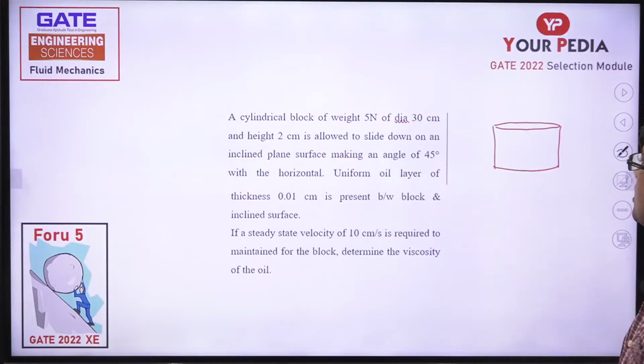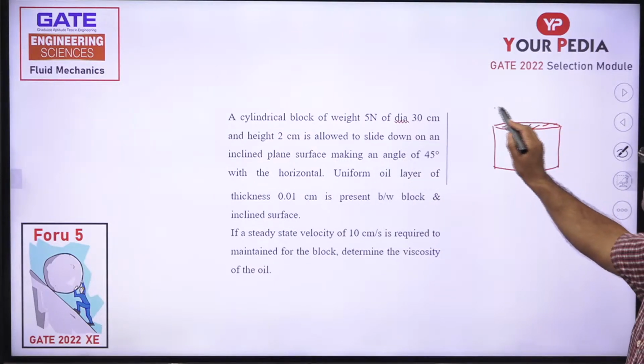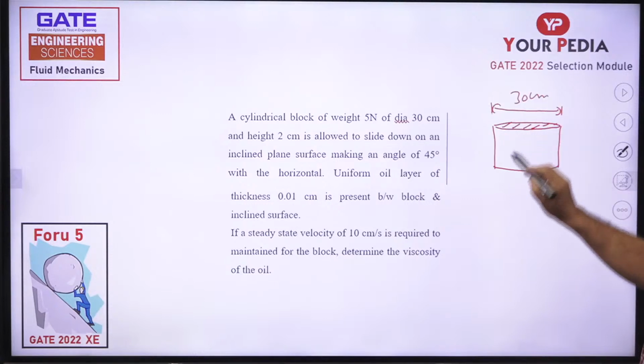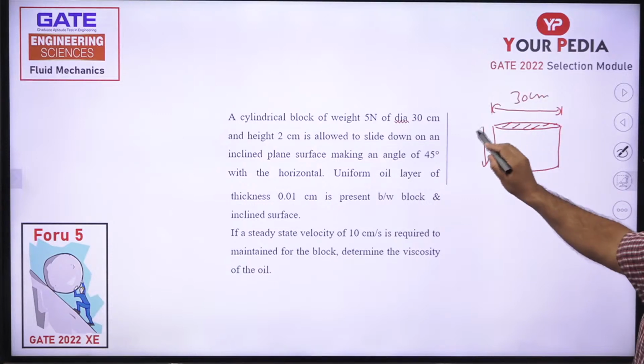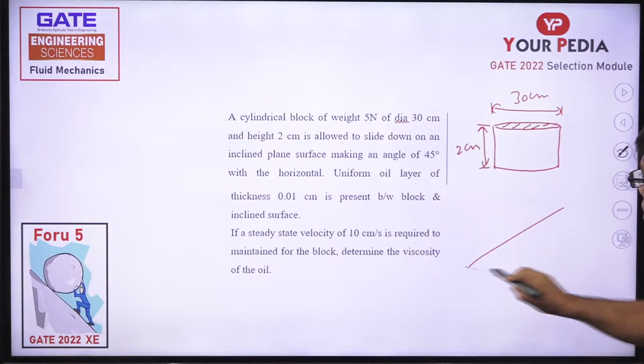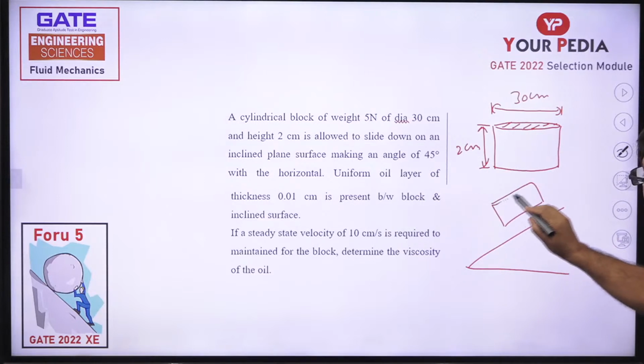Now what is this cylindrical block? We are given the diameter 30 centimeter and the height as 2 centimeter. Now this cylindrical block is made to come down.